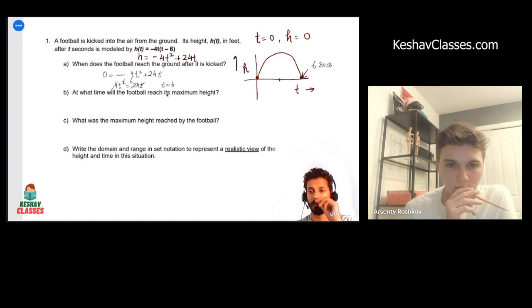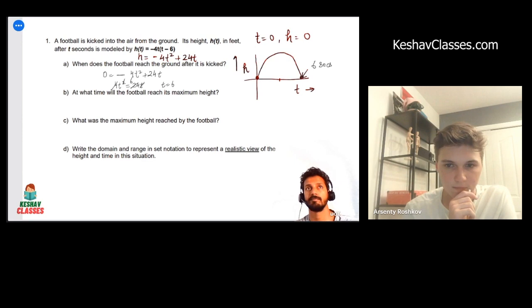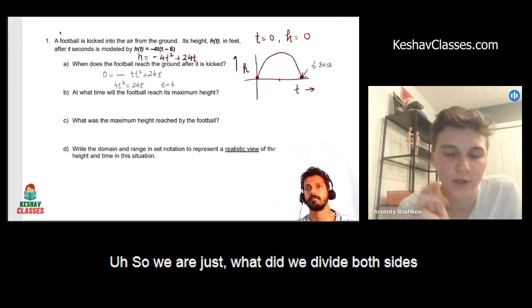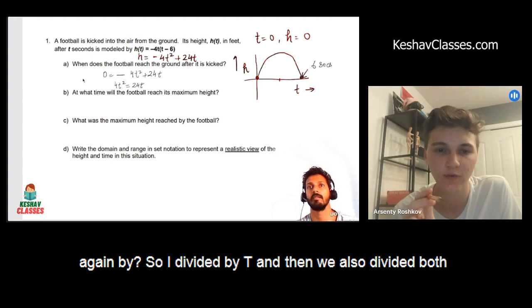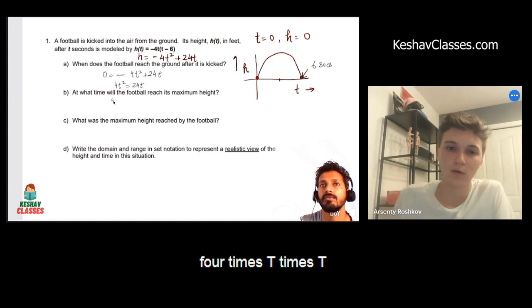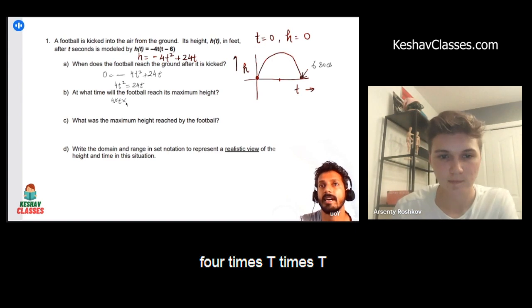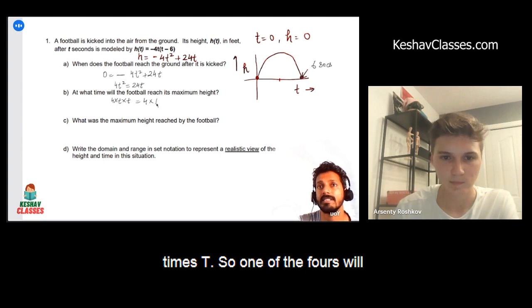Okay. From here, so you want me to elaborate a bit? So wait, sorry, what did we divide both sides by again? I know we divided them by t, and then we also divided both sides by 4. Yeah. Right? So this was 4 times t squared, which is equal to 4 times 6 times t.